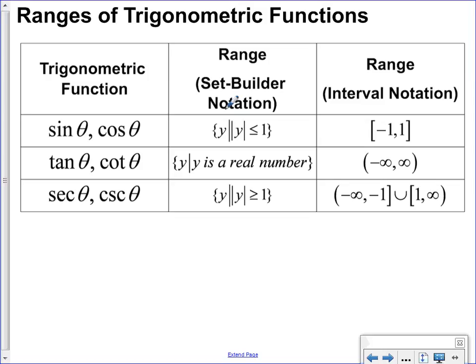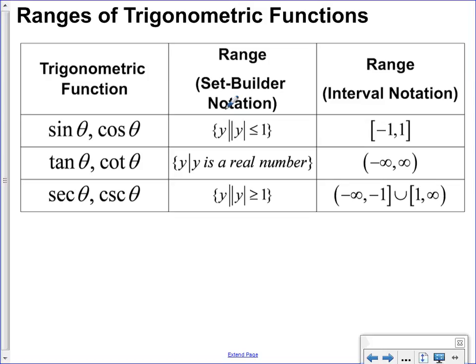So, for the range of cosine and sine, this notation right here is like, it's college, so they like to make things hard for no reason. This is probably a little bit more tangible to digest. Cosine and sine have a range between -1 and 1. Tangent and cotangent can be anything, so from -infinity to infinity.